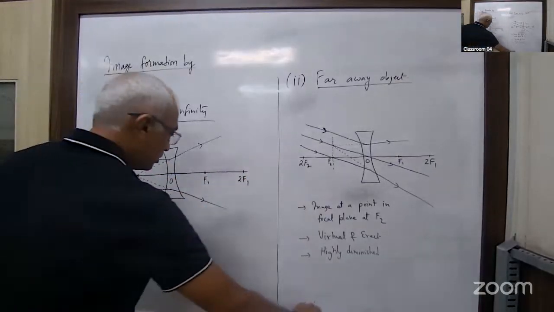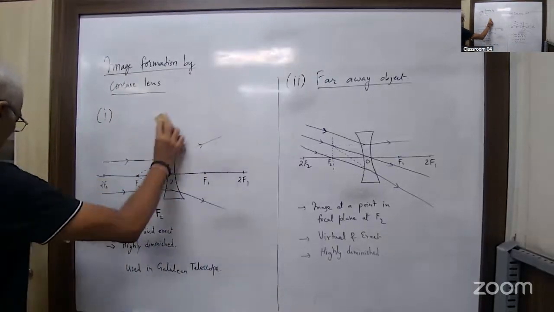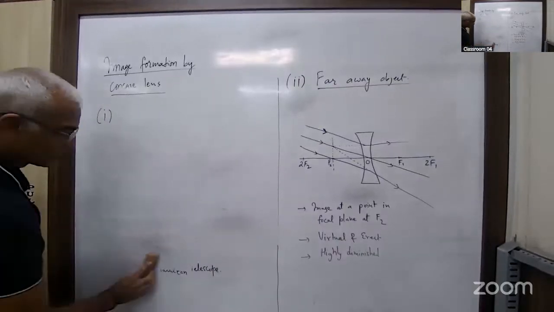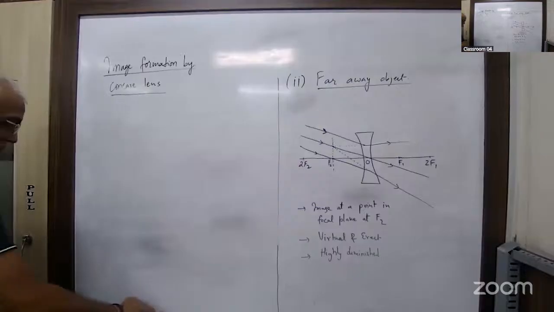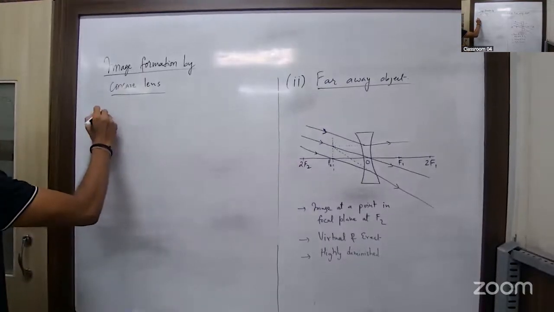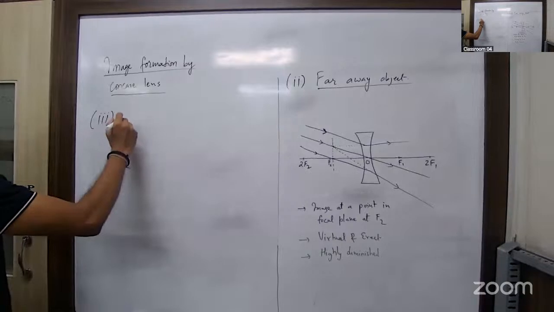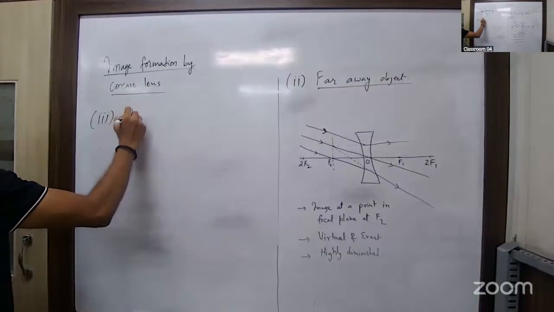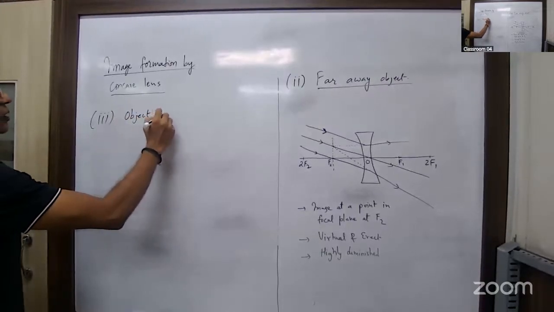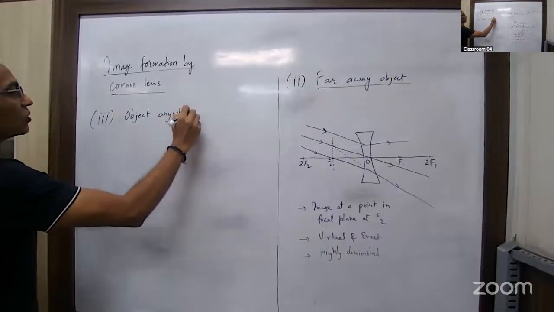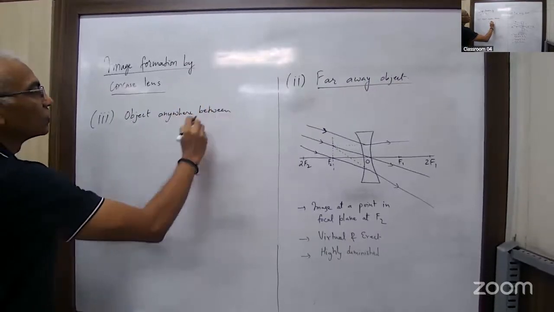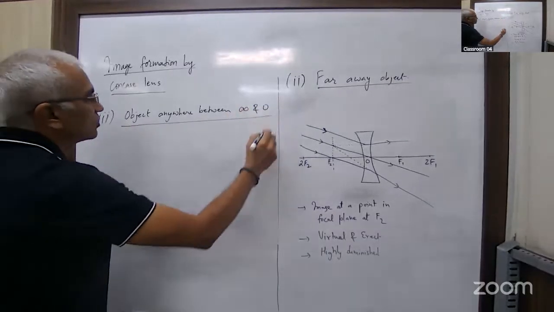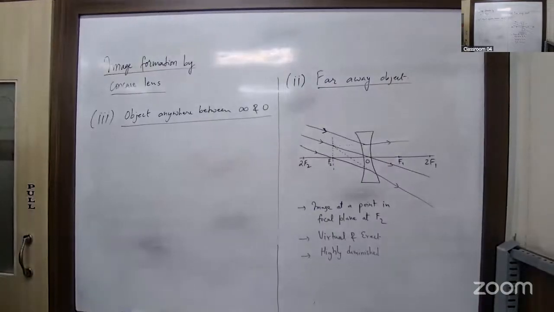Then the third and the final position is object anywhere between infinity and O. So we have only these two positions here.